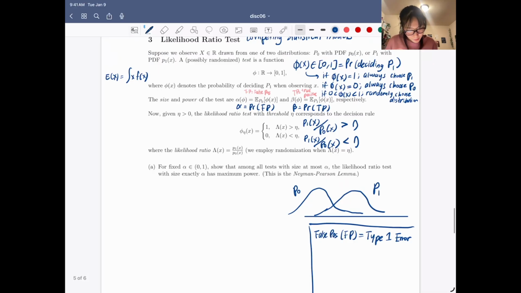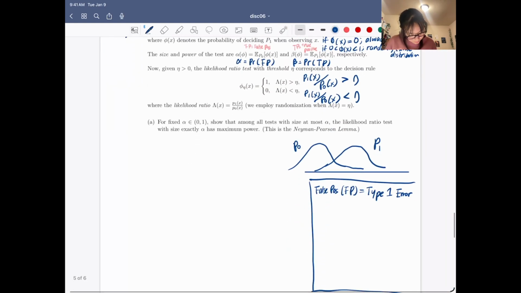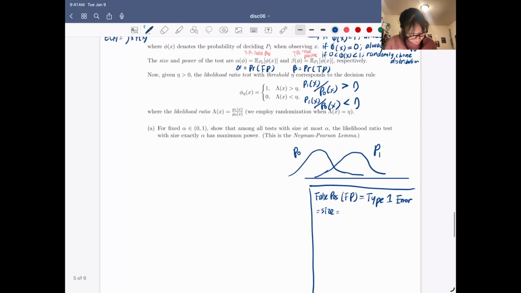And again, the probability of a false positive is the size. So this is all in the same bubble. We have false positives, which are FP, which is type 1 error.